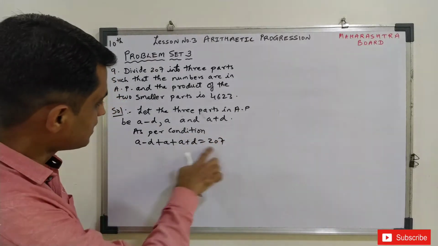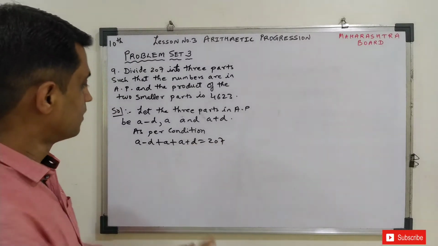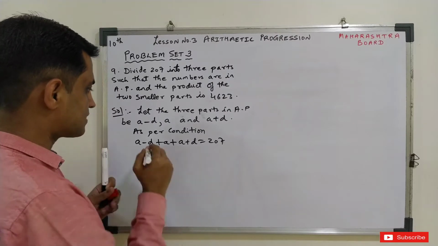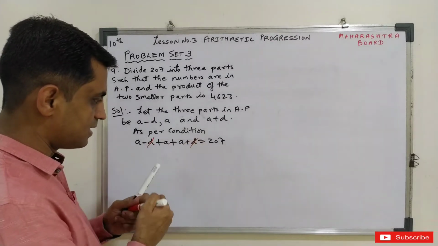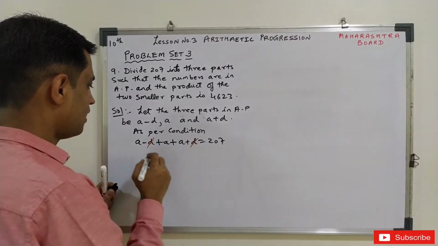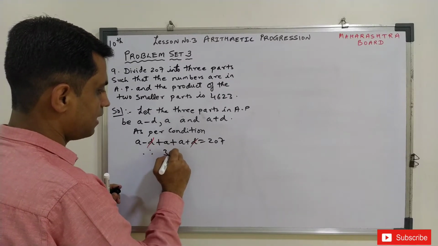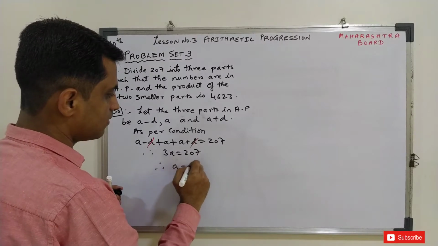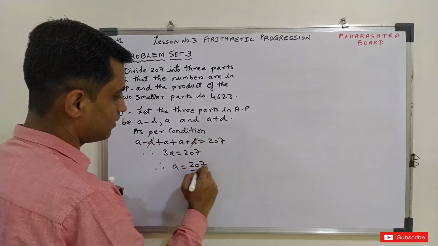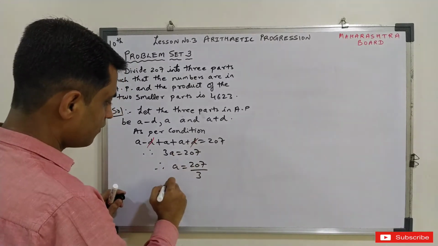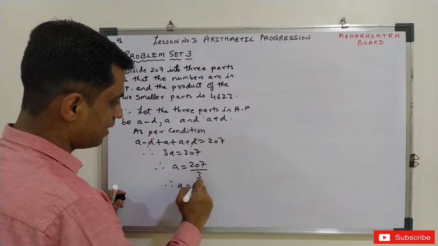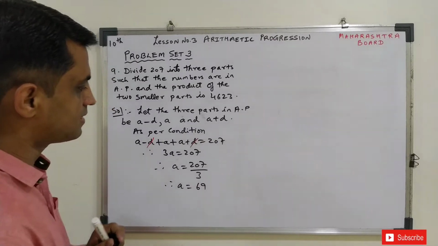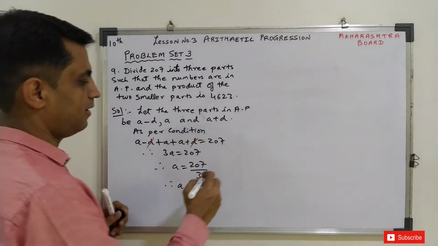Now here d will get cancelled, plus d minus d will get cancelled. What is a plus a plus a? It is 3a. 3a is equal to 207. So we get a is equal to 207 upon 3. When we divide 207, we get 3 sixes are 18, 3 nines are 27. So we got a here.